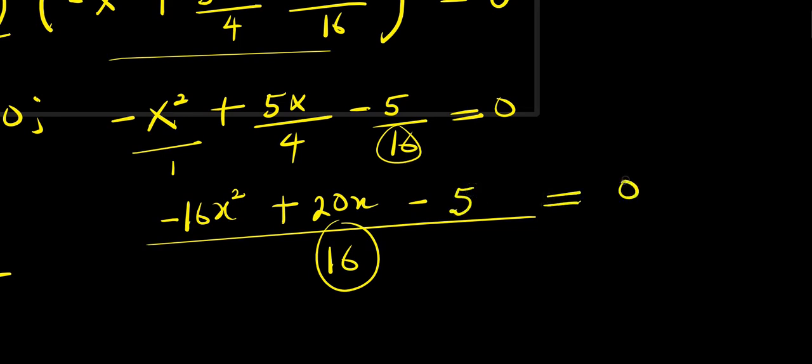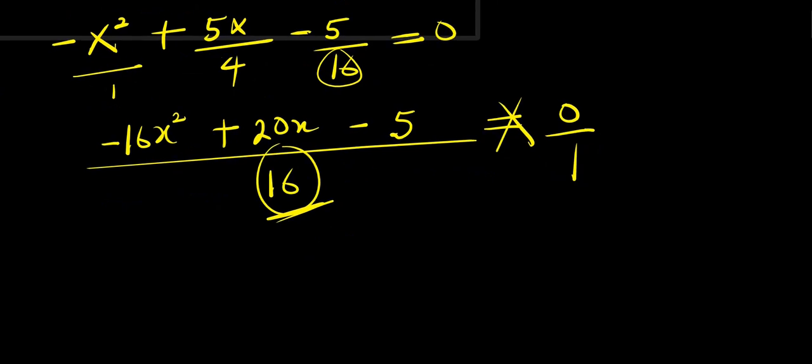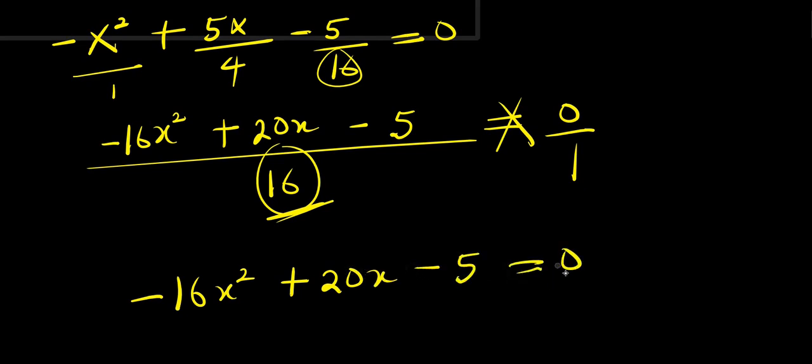And this equals 0. So this over 1 we cross multiply. 16 multiplies 0, that is 0. So we simply have negative 16x squared plus 20x minus 5 equals 0.